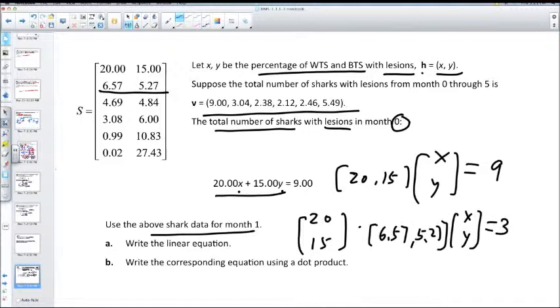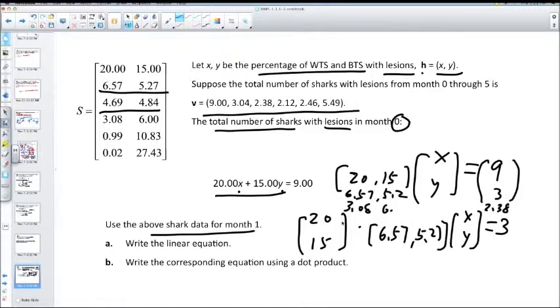And then you get the second equation, 6.7, 5.2 equals 3. Now you can keep going. The third month, you pick this, and the same x, y. Let me add the 3.086 times, and they add the third number, that's 2.38. So on and so forth.